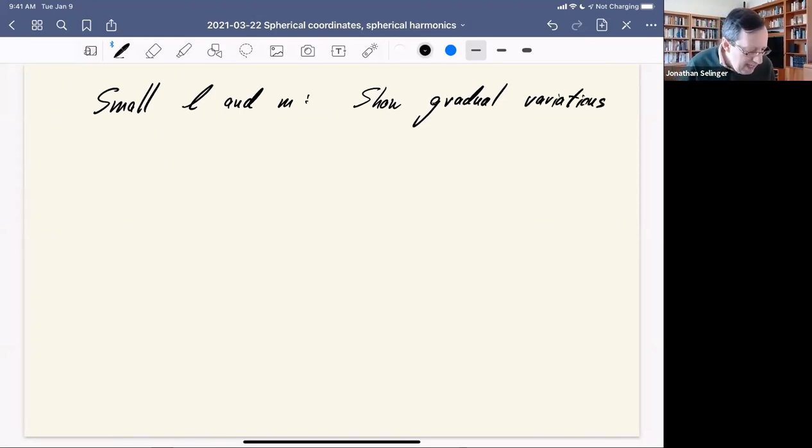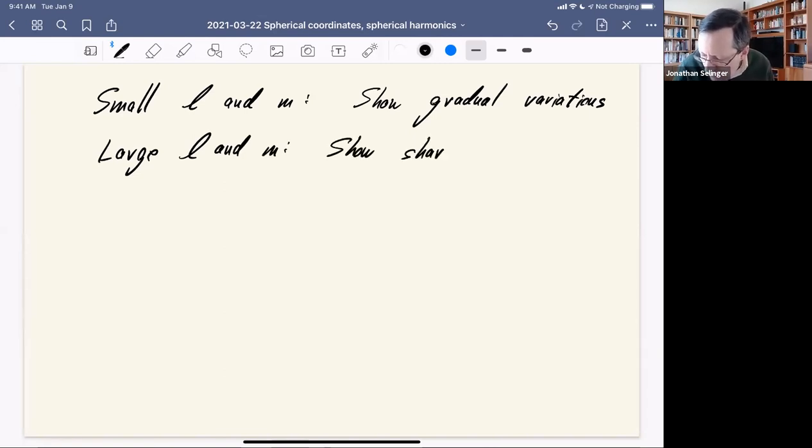On the sphere, for large L and M, they show sharp variations. And in that respect, they are like sines and cosines, right?